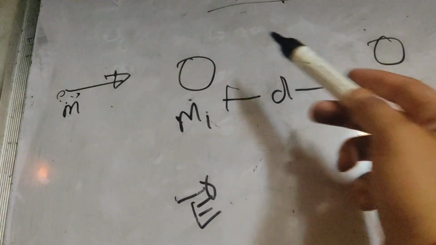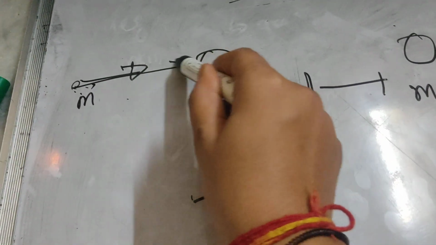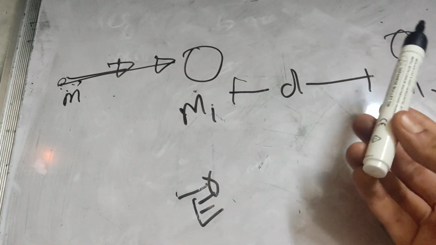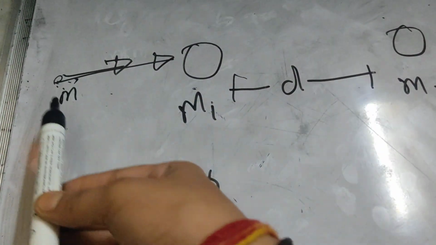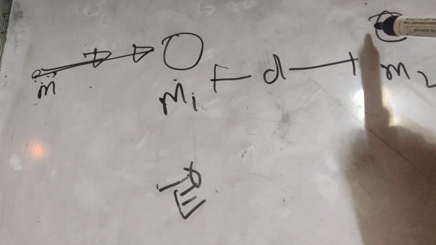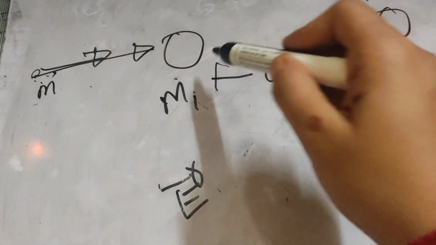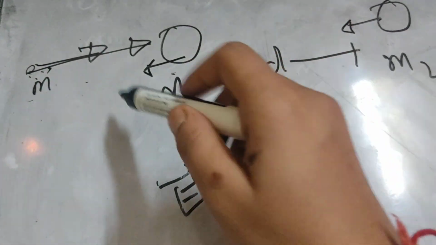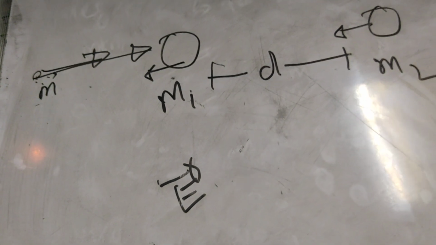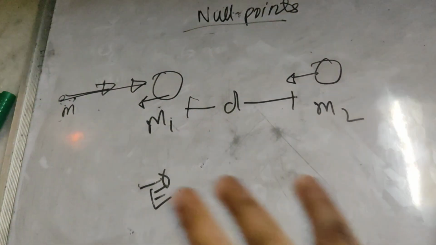Similarly for m2, it will also be directed in this direction, because the gravitational force between m2 and m will attract the small mass towards m2, and m2 will also get attracted towards it. Similarly m1 will also get attracted towards it, and m will also get attracted towards it. So always it is towards the body.